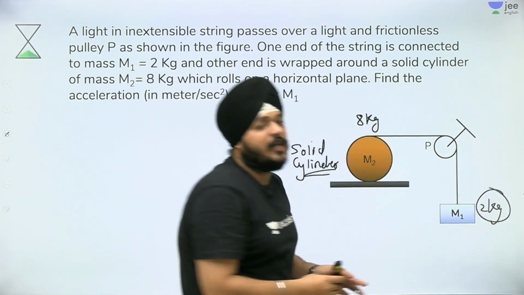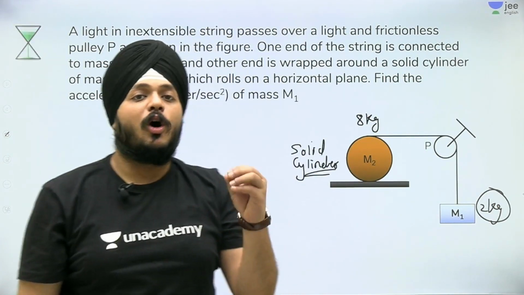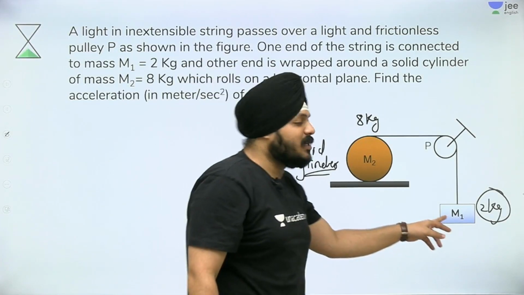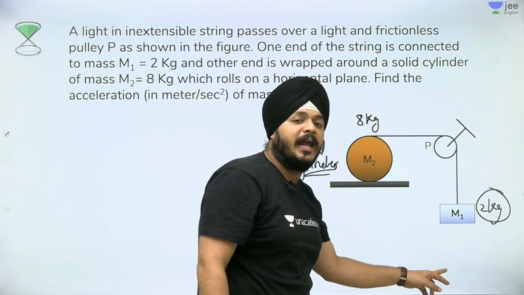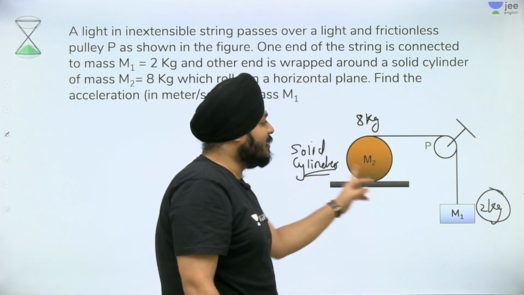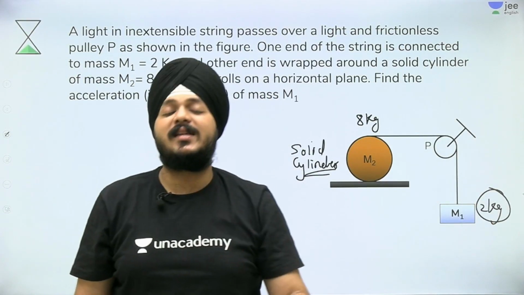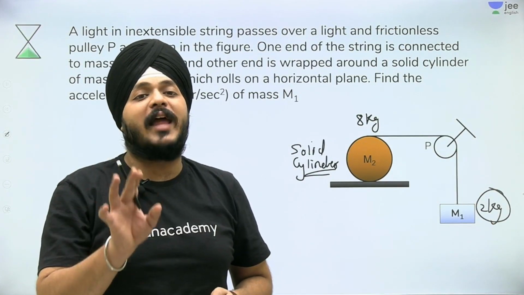For a very short amount of time, this 2 kg mass will be displaced by the height h, and it will force the cylinder to roll on the surface.